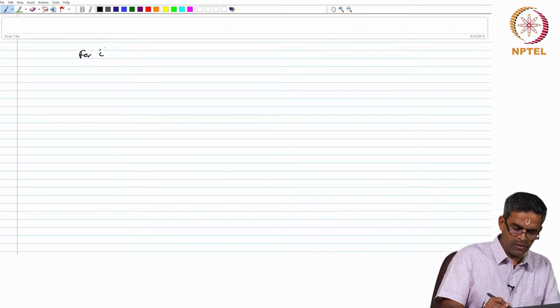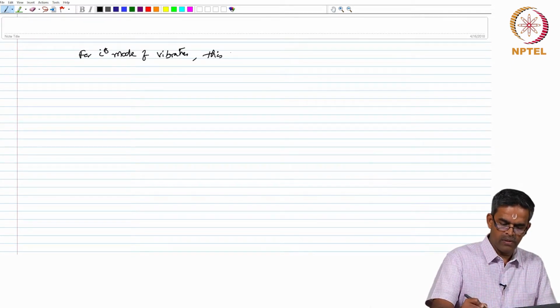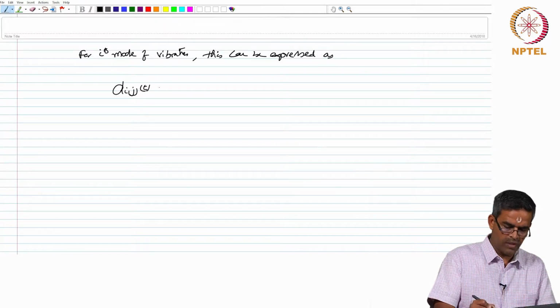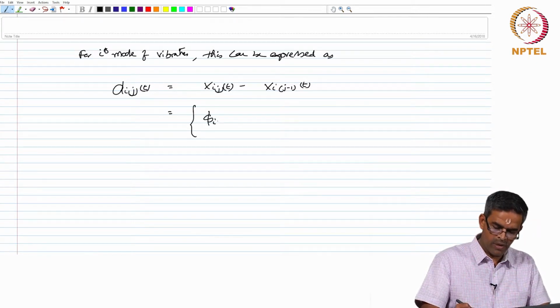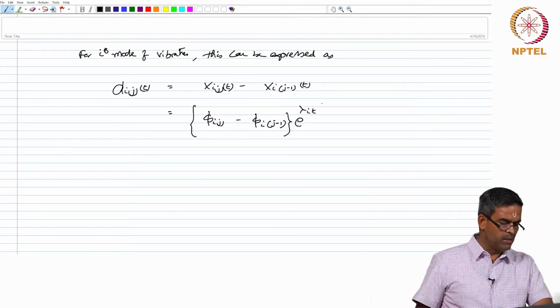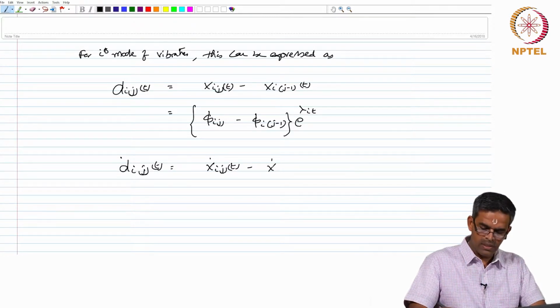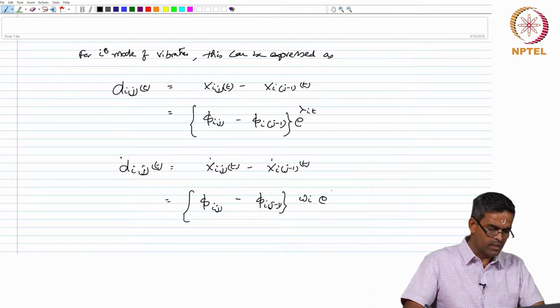For ith mode of vibration, this can be expressed as d_ij(t) is x_ij(t) minus x_i(j minus 1)(t), which will be (phi_ij minus phi_i(j minus 1)) e^(lambda_i t). d dot_ij(t) is given by x dot_ij(t) minus x dot_i(j minus 1)(t), which can be given by (phi_ij minus phi_i(j minus 1)) omega_i e^(omega_i t).